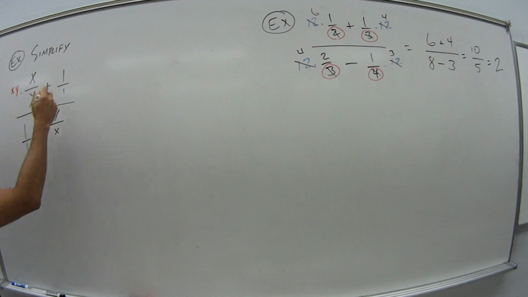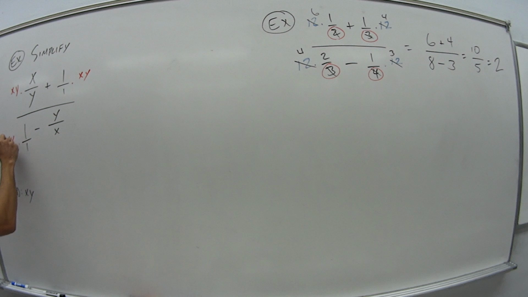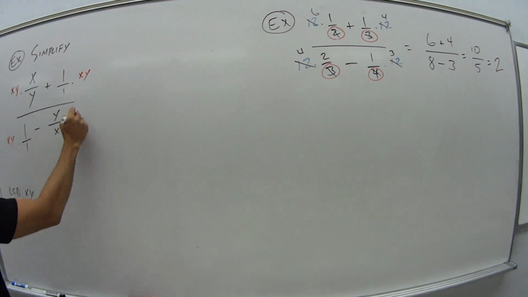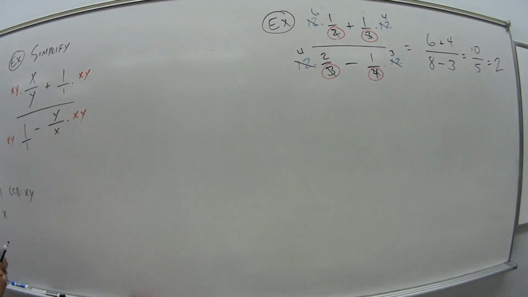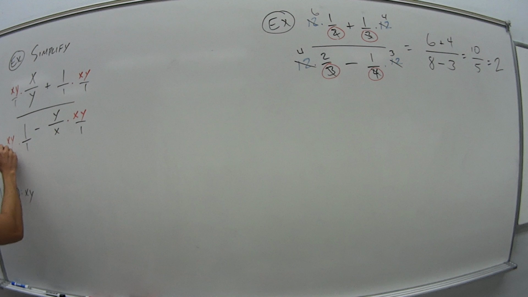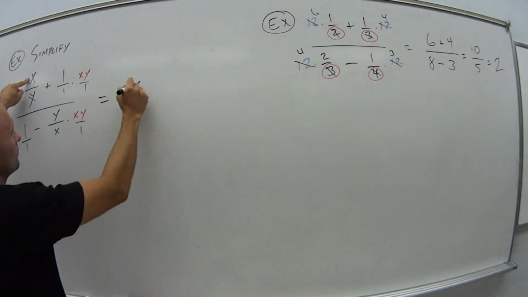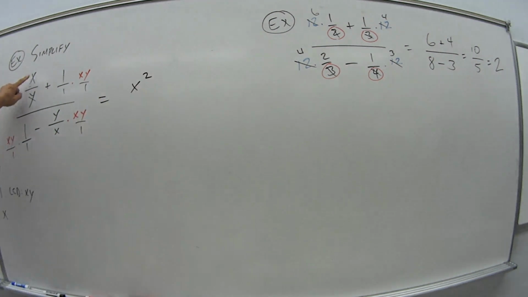So that's what I'm going to multiply every piece by. x times y times this guy, x times y times that, x times y times that, and x times y times the last term. So these are all like over 1. With just the first term, if I multiply xy times x over y, what happens? The y's cancel from top and bottom, and I'm left with just x times x, which is x squared.